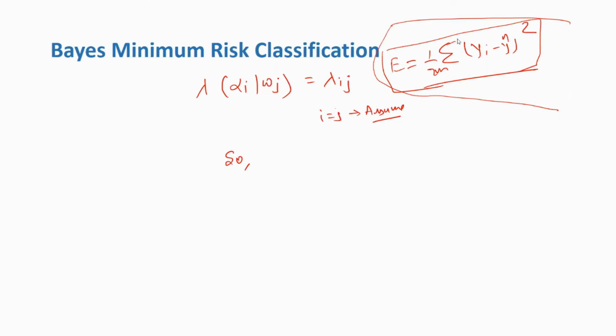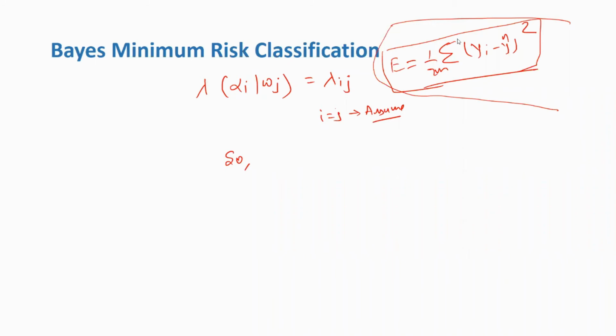So, talking about this Bayes minimum risk classifier. As I said, when there is a risk involved in predicting any class, say class 1, this risk will be equal to the individual risk for all the classes, so we need to take the summation of all the possible risks.